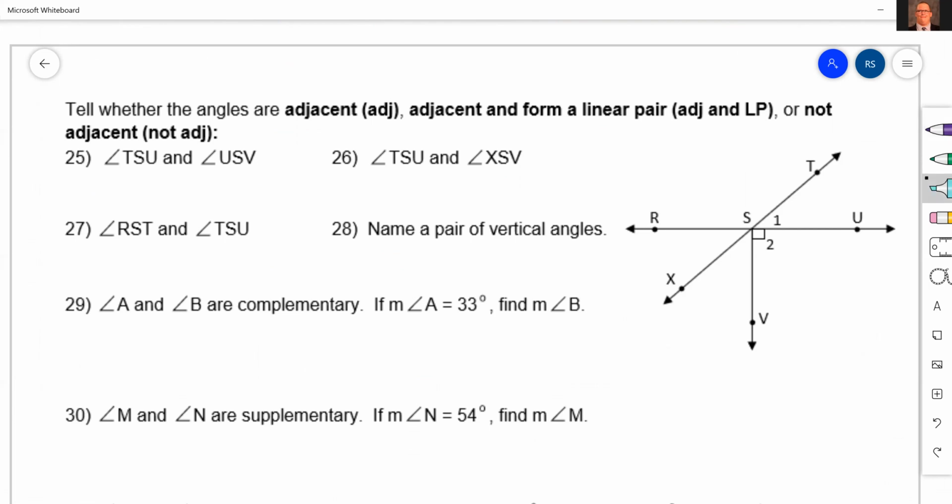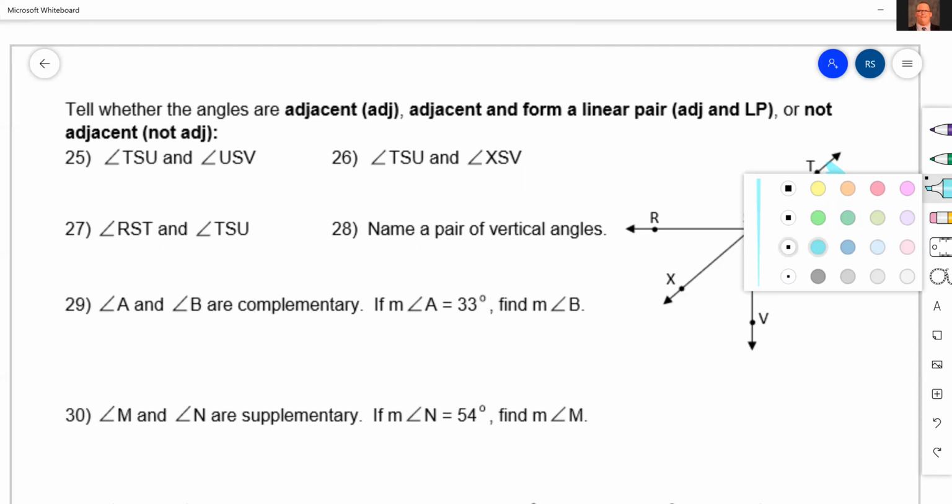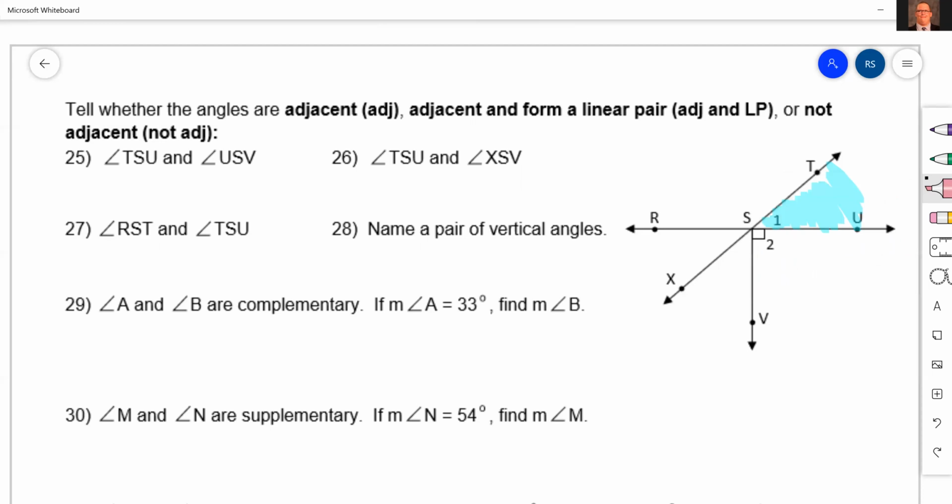25 asks us about angle TSU. So TSU. It's going to be this one. And USV. So that one. What do we think about that?